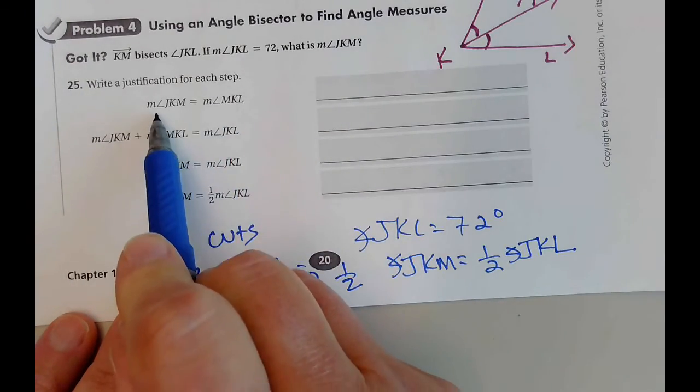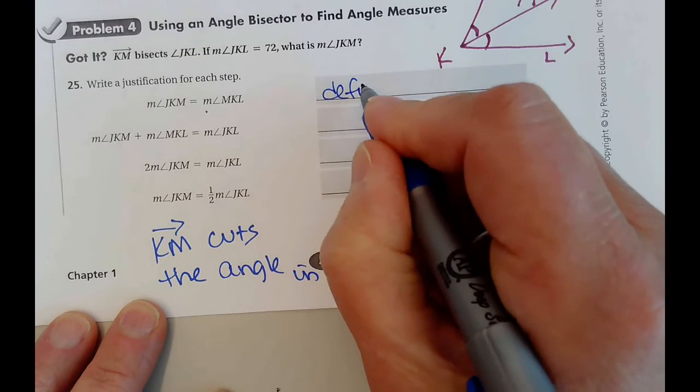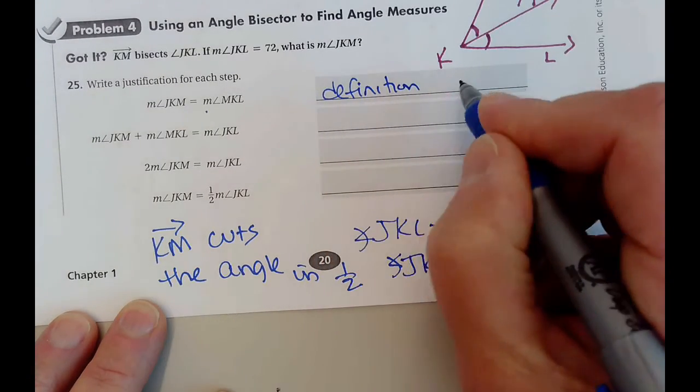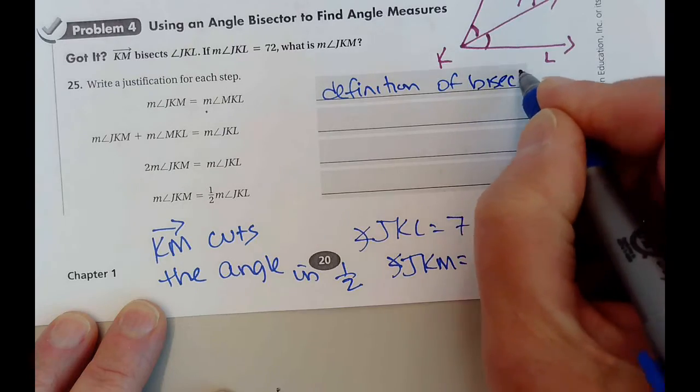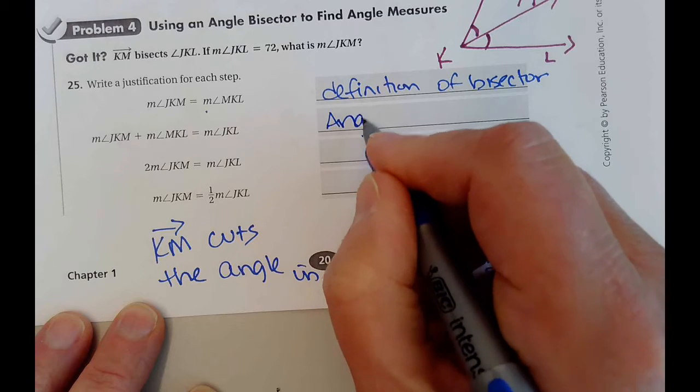So we know that JKM equals MKL because that's the definition of bisector. They add together because that's the angle addition postulate.